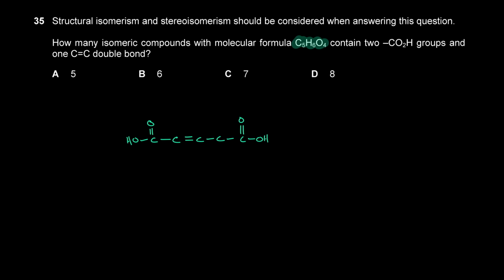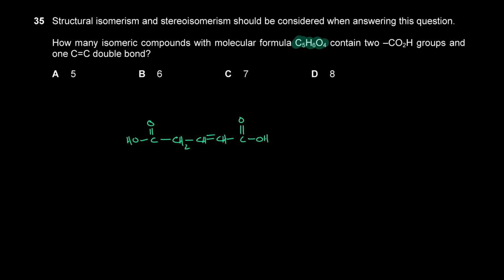It would be the exact same thing. So this is one of the structural isomers that we can have. We have a CH2 here, and then a CH and a CH.